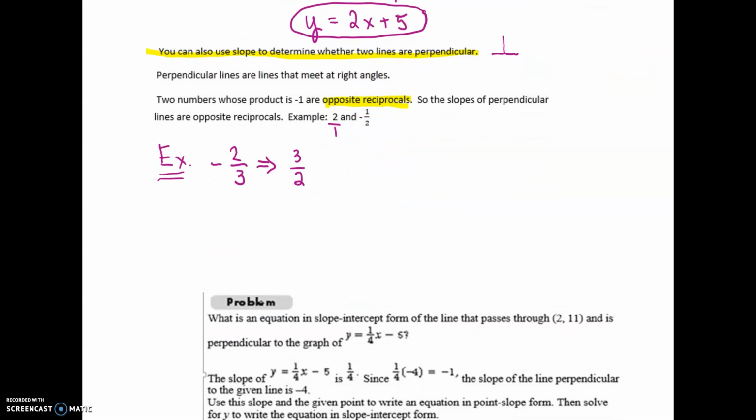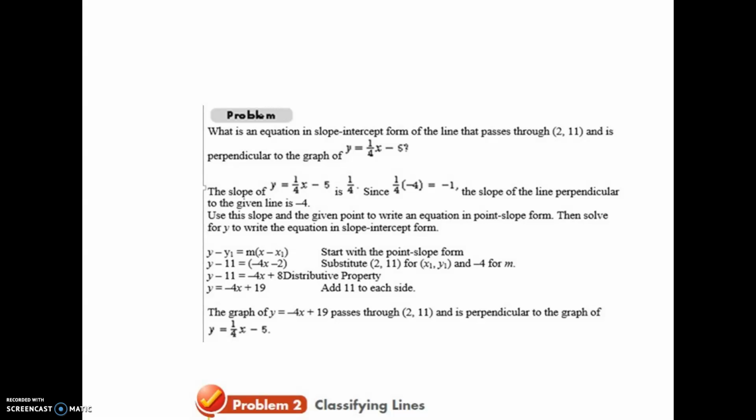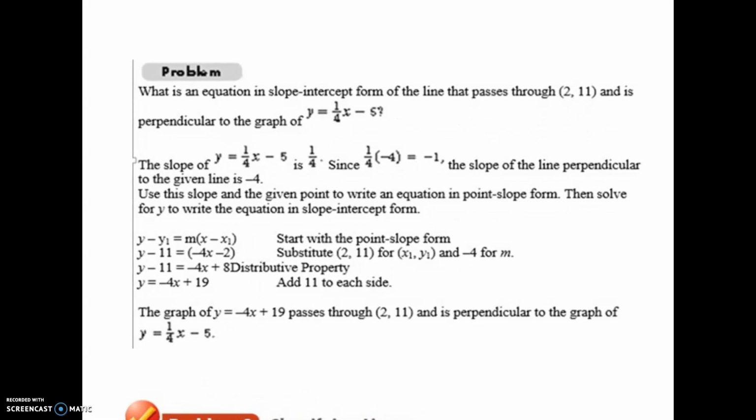So moving on, here is another example that's worked out, again, step by step, but it's not really in a table like the first one was, but you get the same idea. So now we want to know what is the equation in slope-intercept form when a line passes through this point, but is now perpendicular to this equation.